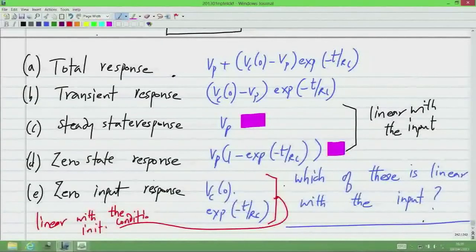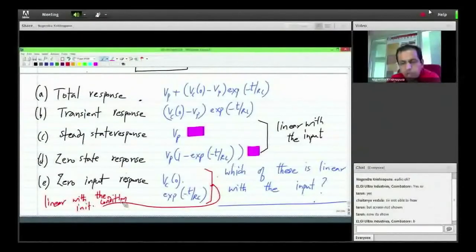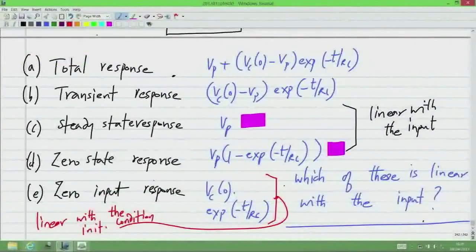So this is what linearity means in this particular context. The total response will not be linear with either the input or the initial condition in general. If Vc of 0 happens to be 0, that's a different matter, that's a coincidence. Otherwise, the total response or the transient response will not be linear with either the input or the initial condition.